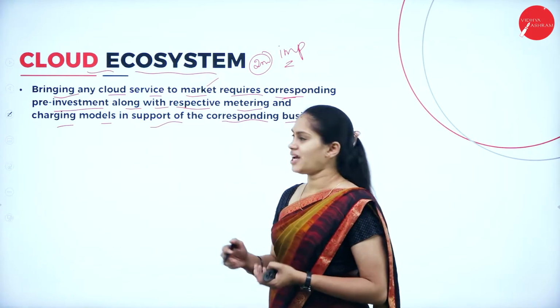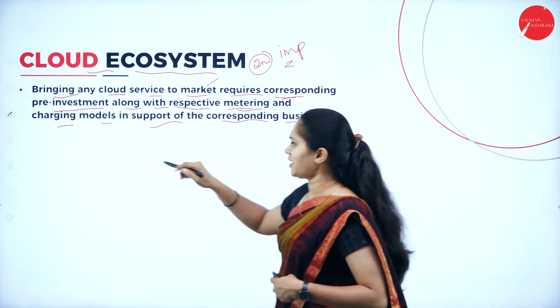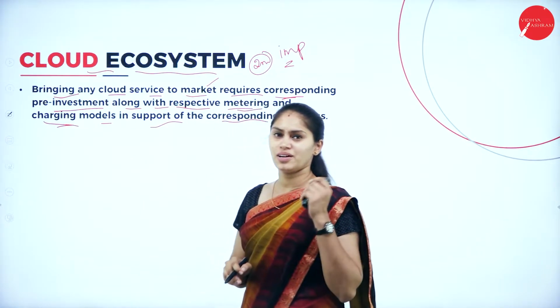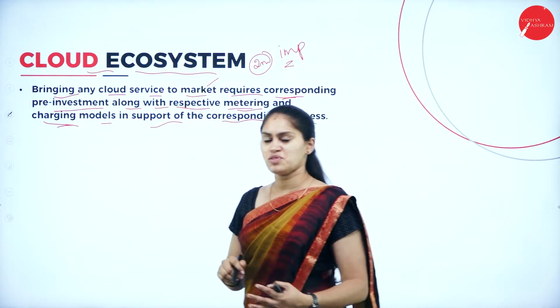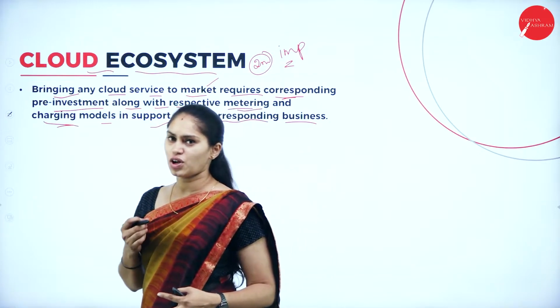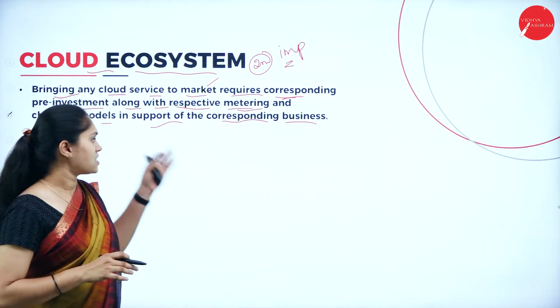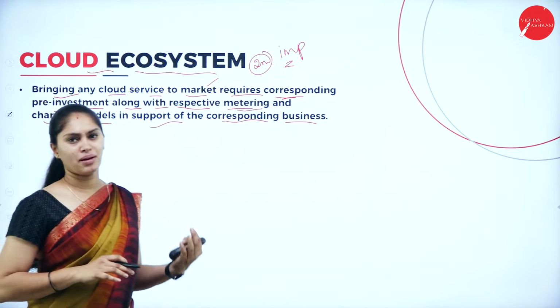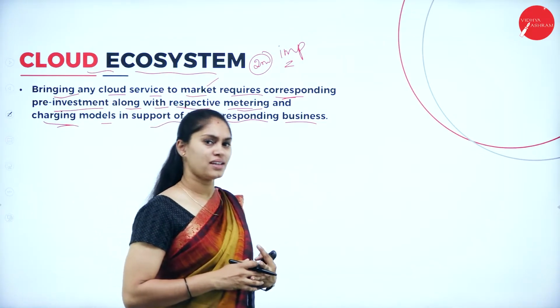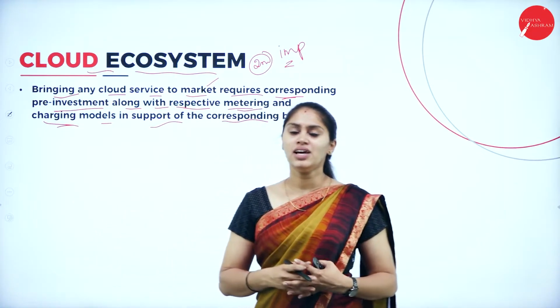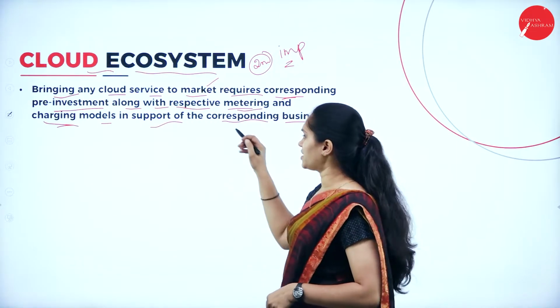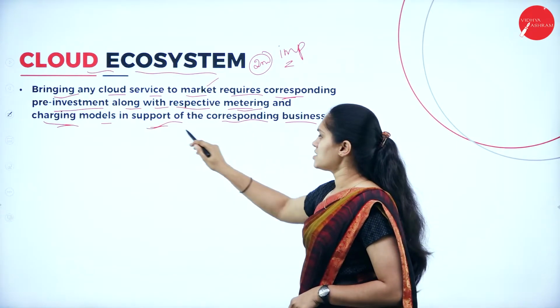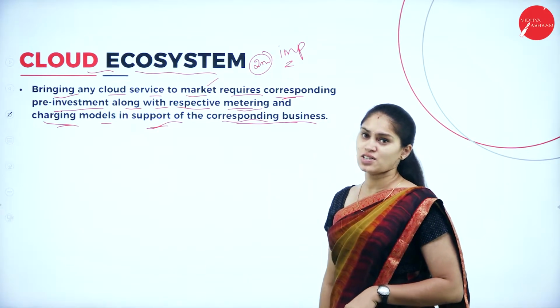It has to include the metering and charging models. Metering means that if I am using it for half an hour, it should cost only for half an hour. Charging means it is supposed to be pay per use. In that model, we get the benefit and it supports the corresponding business operation.